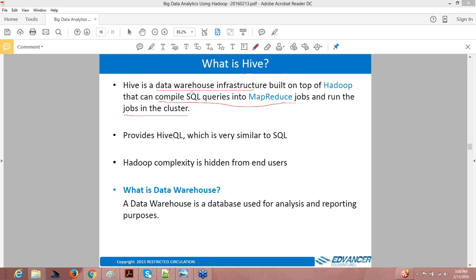Hive provides us a high-level query language, which is a dialect of SQL. So you can use SQL for doing data analysis in Hadoop. It is similar to SQL, and it hides the Hadoop complexity, like the complexity of building the MapReduce job. And what's a data warehouse? It's a database used for analysis and reporting purposes.